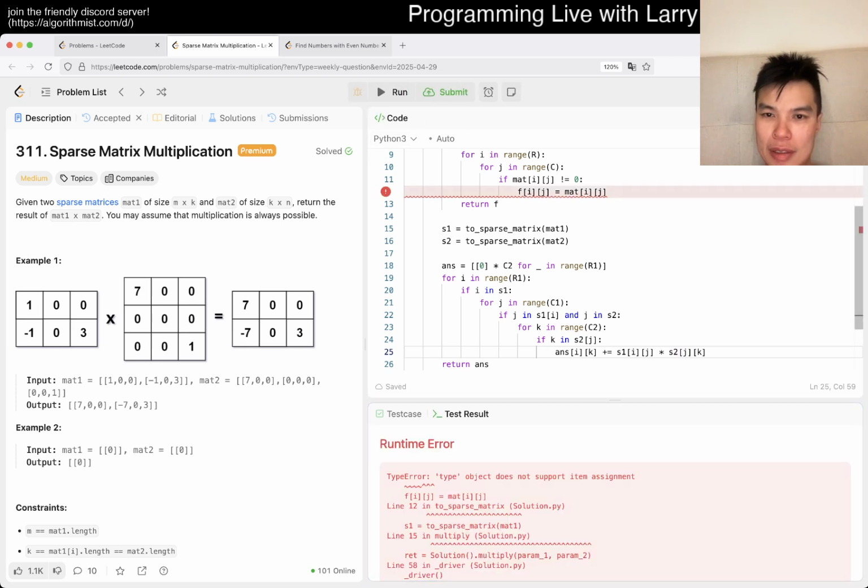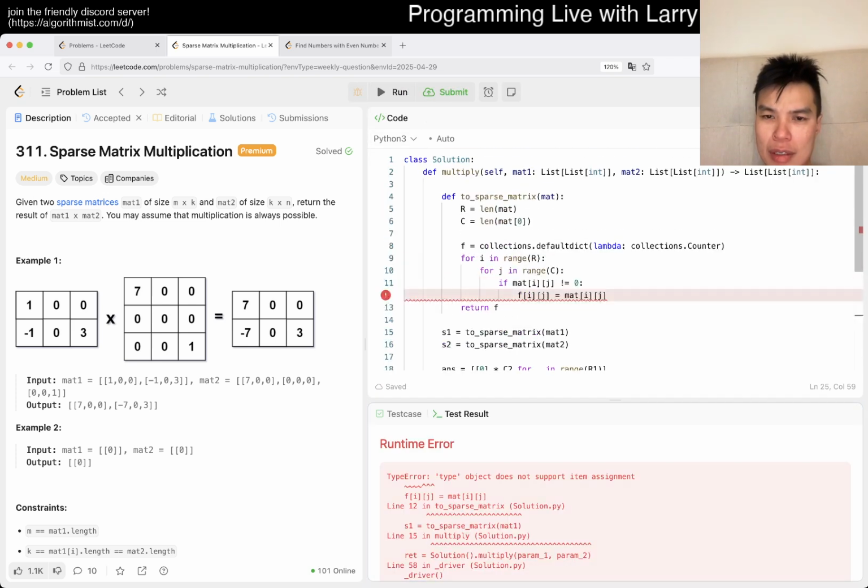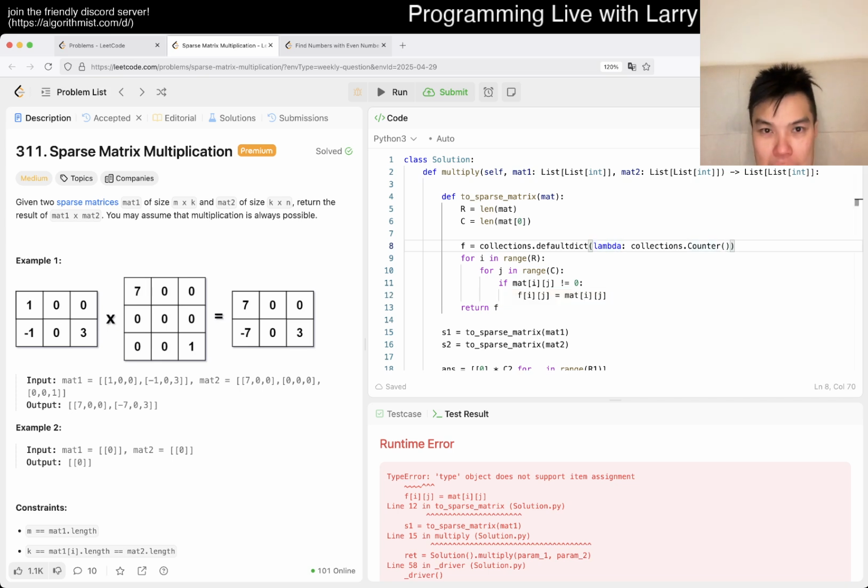Type does not match. f sub I is a default dictionary that returns a counter. Oh, I did a lambda instead, so this should have been okay.